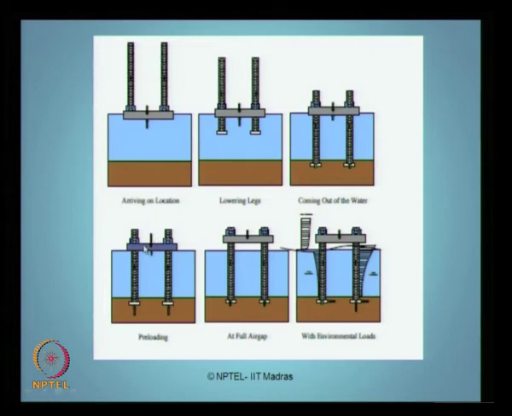Once the preload test is completed, the deck is further lifted to have a very clear air gap during operation. What it means is, in case of operation, because of high tides, the waves should not interact with the plants and equipment present on board. Therefore, the deck is shifted upwards further to create a sufficient air gap for safe operation.